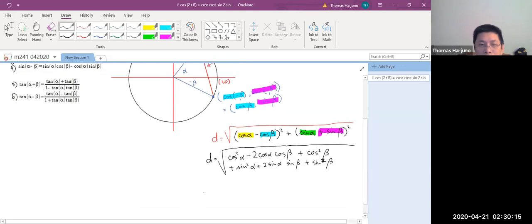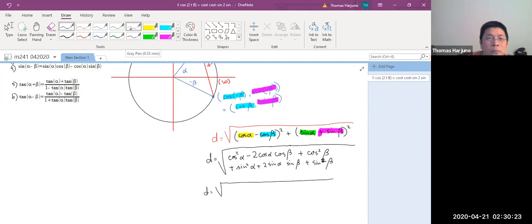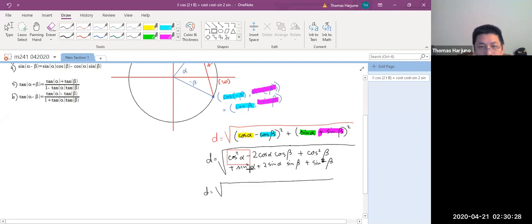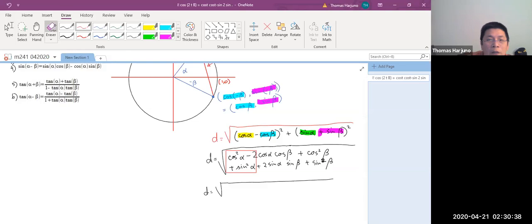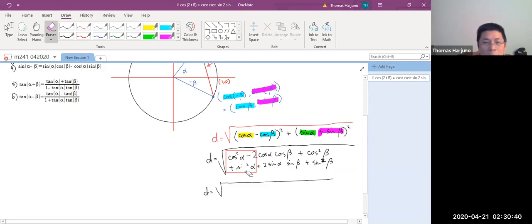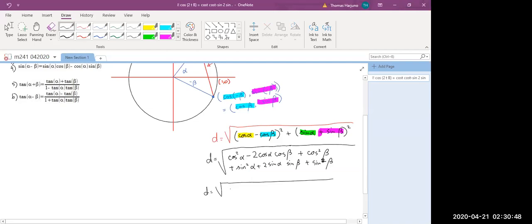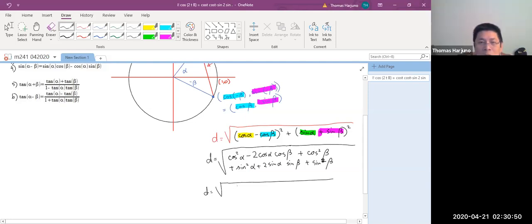I simplify further. This d is now equal to the square root of. Now see what happens if I add these two terms here. The cosine squared alpha plus sine squared alpha, what will that be? Cosine squared plus sine squared, that's 1.